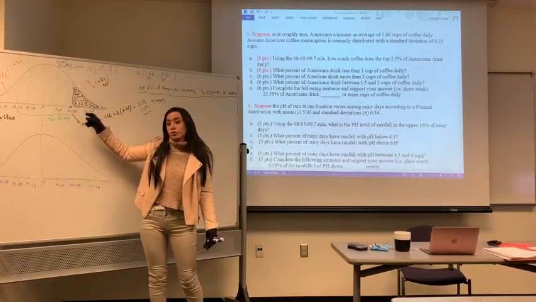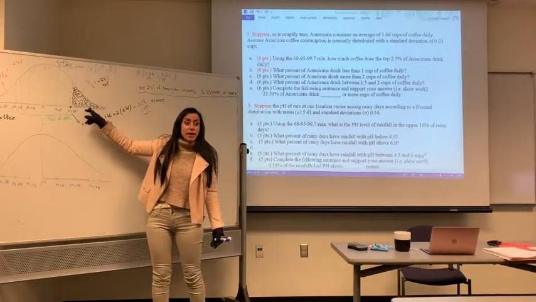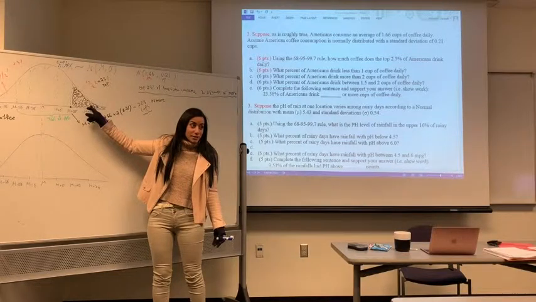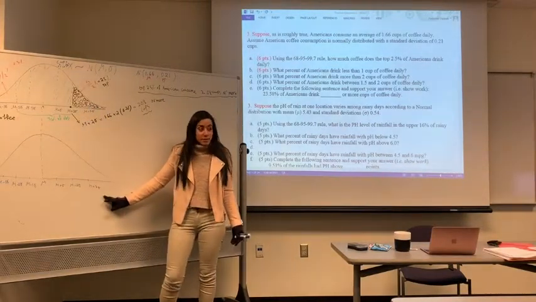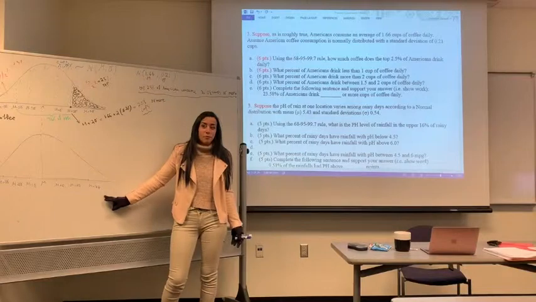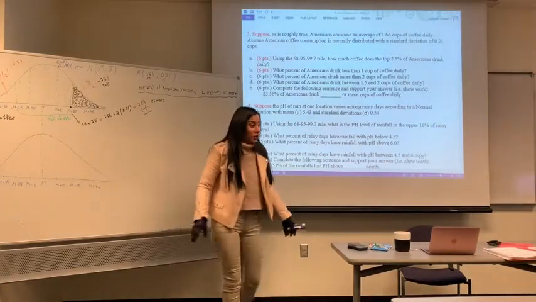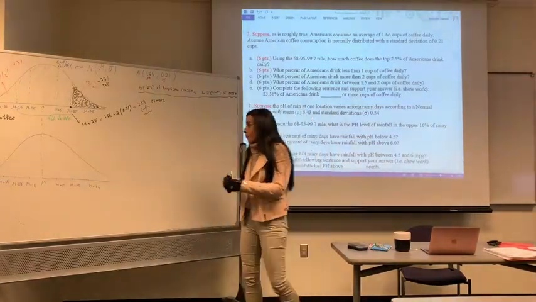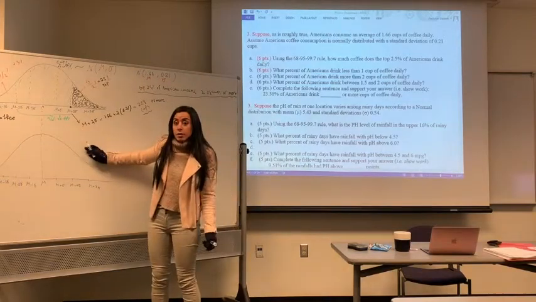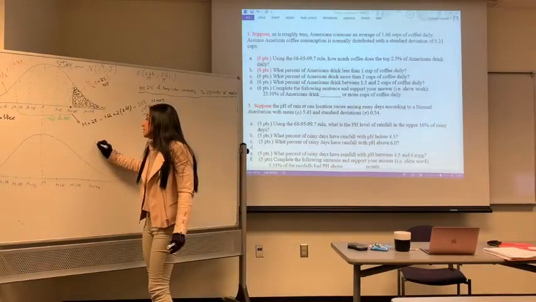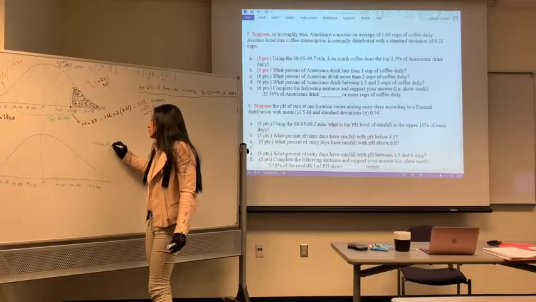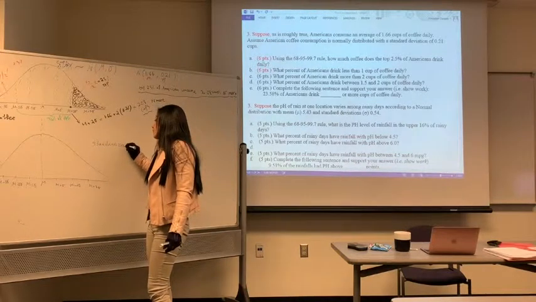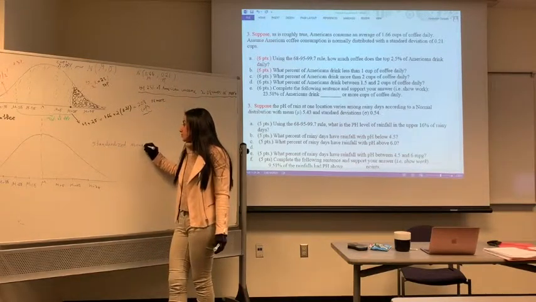We are just going to normalize all the values on the x-axis and make a new x-axis with more neatly organized numbers. This new normal distribution will be a standardized normal distribution.